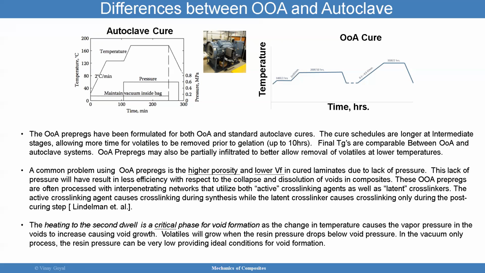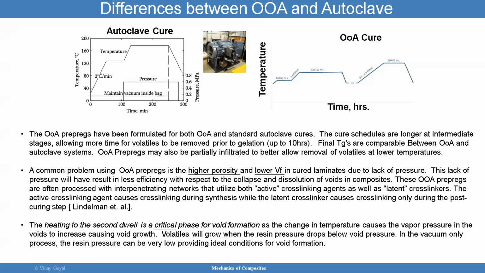The heating to the second dwell is a critical phase for void formation, as the change in temperature causes the vapor pressure in the voids to increase, causing void growth. And we talked about that, how increasing temperature can really increase that void growth.